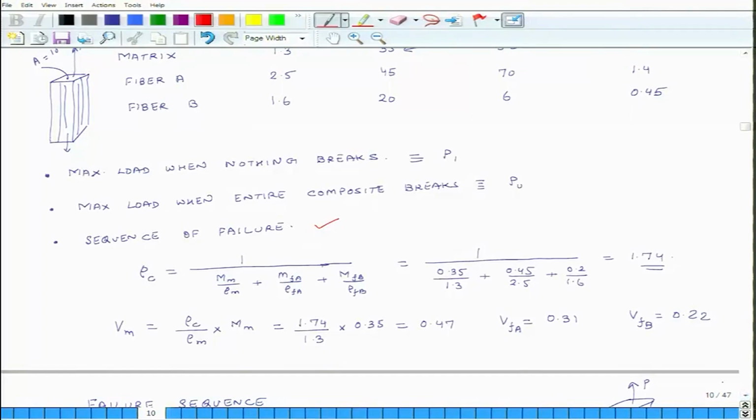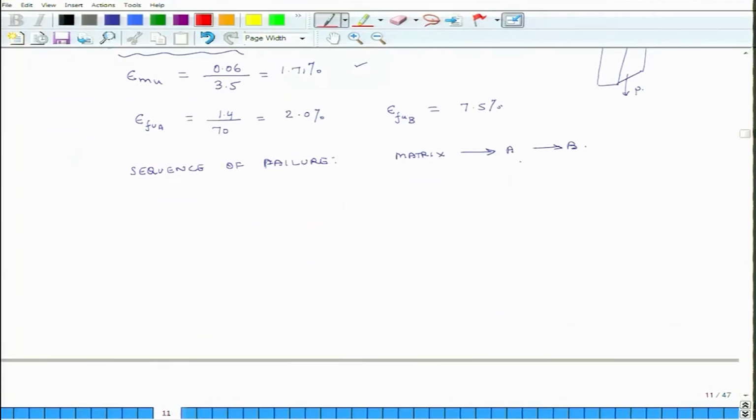Next, the question is, what is the load when nothing breaks, and just if we increase the load a little bit more than that, then something is going to break, right. So, what is going to fail first? We will have the failure of matrix, and that failure happens at 1.71%. So, we have to figure out what is the load level in the system when the strain is 1.71% in the system.